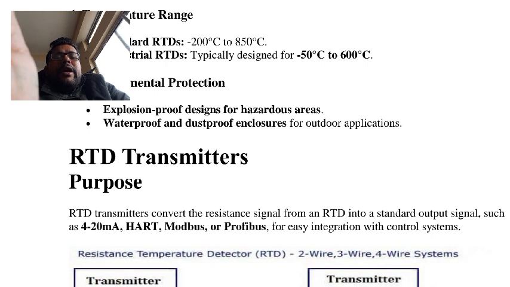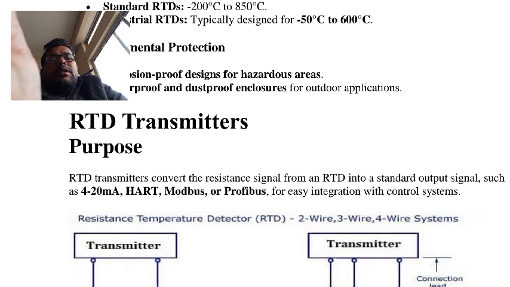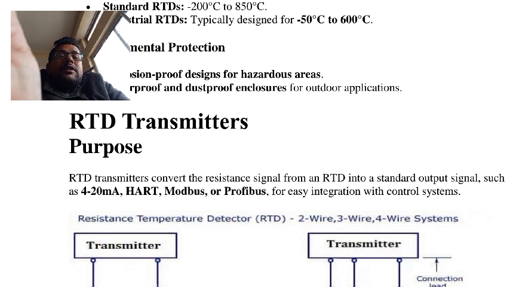And nowadays wireless communication can also be used to transmit this signal, using Modbus and Profibus. This is our special topic in advanced industrial instrumentation. This is new technology, wireless technology for transmitters.